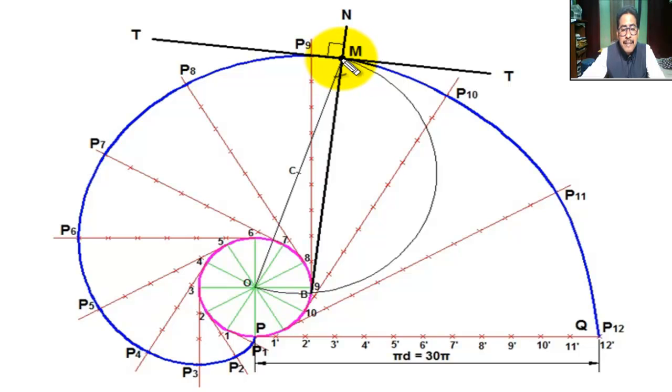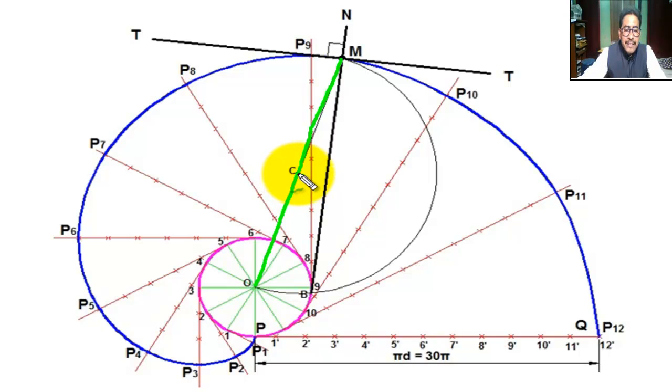This is M. Now we draw a line joining M and the center of the circle O. Mark the midpoint C on OM.